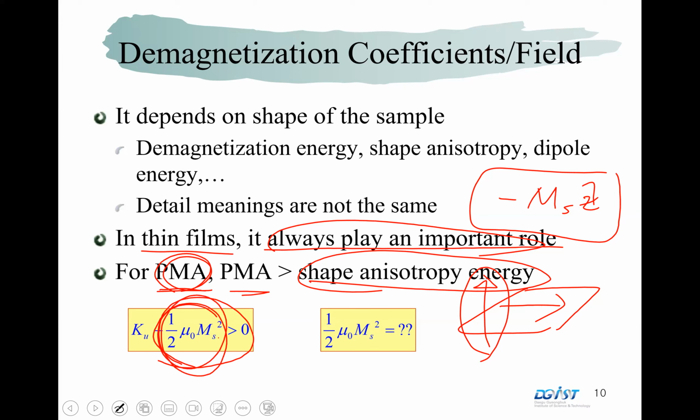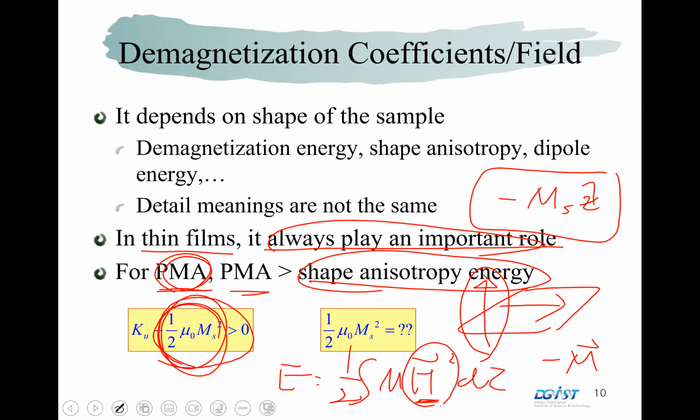This part is the shape anisotropy energy in films, because this is the demagnetizing energy, and we already learned this demagnetizing field is minus M for the films.